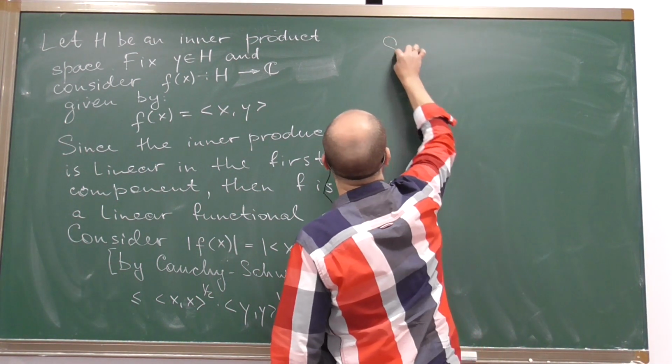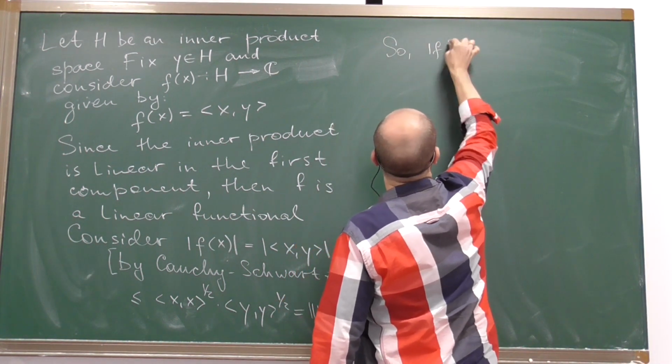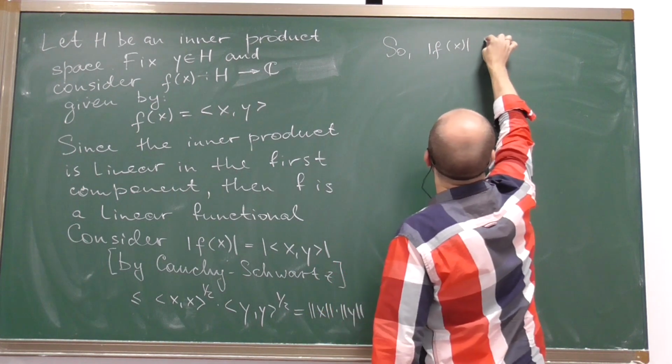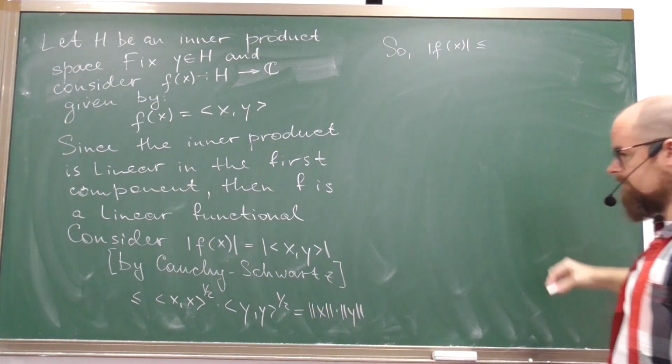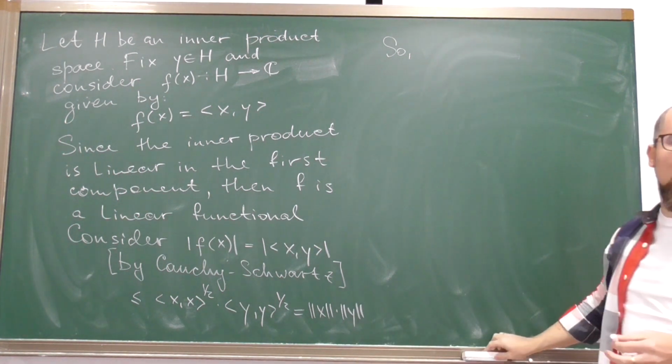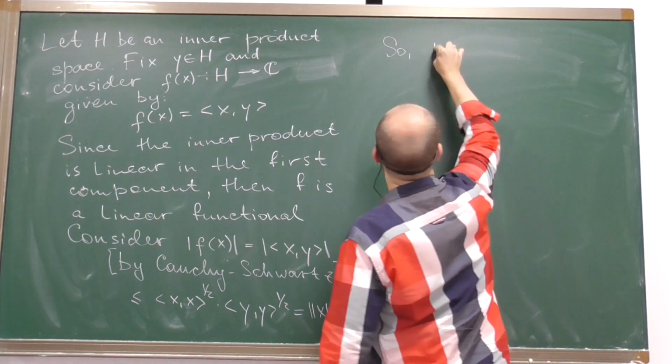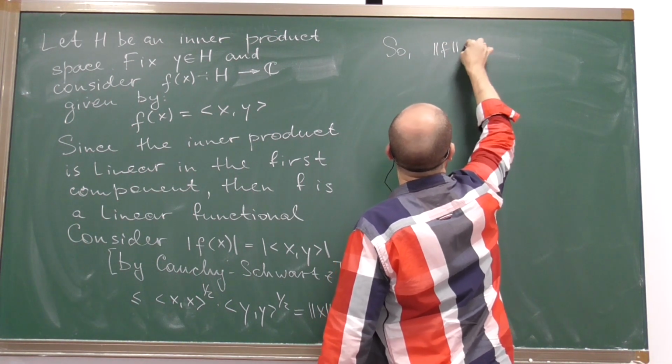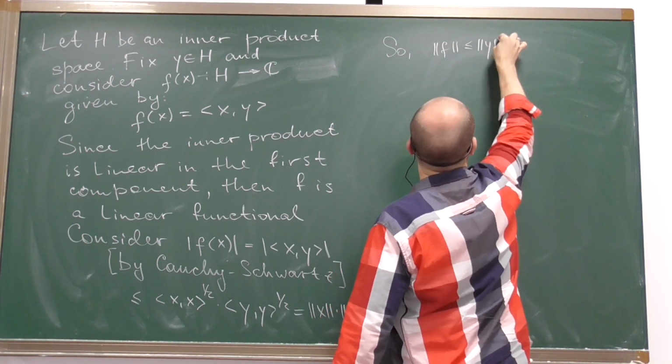So, the absolute value of f of x is less than or equal to, oh well, that's already written. The norm of f is less than or equal to the norm of y.